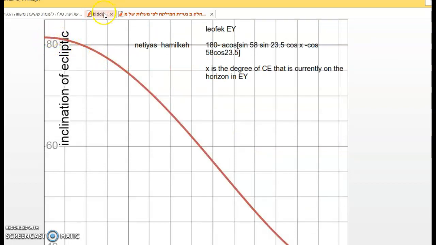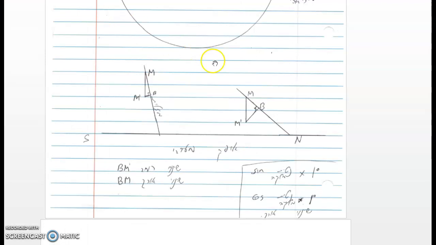Let's get back to this picture. We showed that already. So the most it can be is 83 degrees. This angle is 83. Now, take a look here. Try to focus on this one here. M is where the moon is visible for the imaginary person that's standing in the center of the earth.